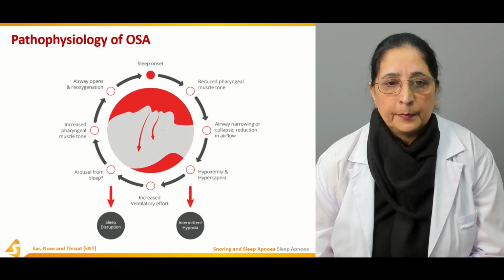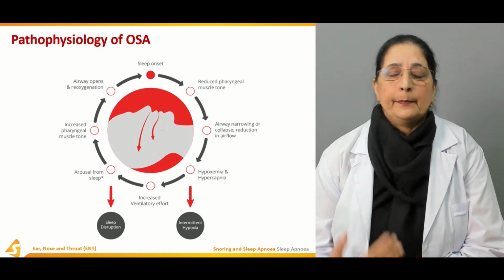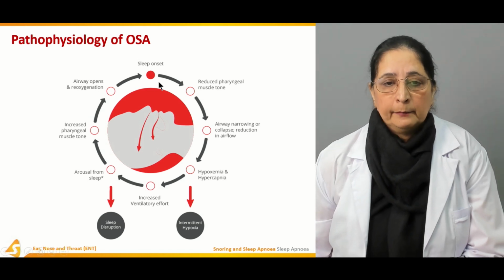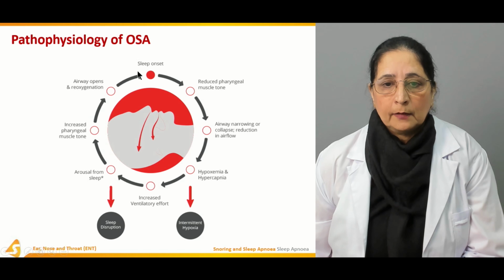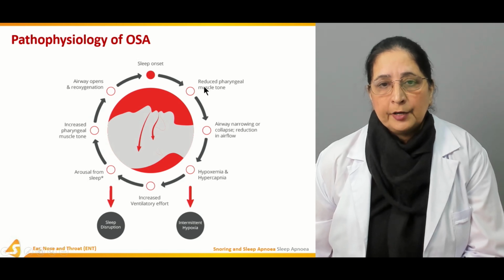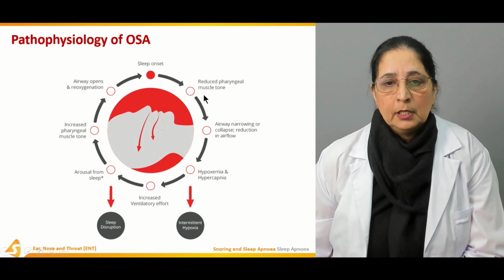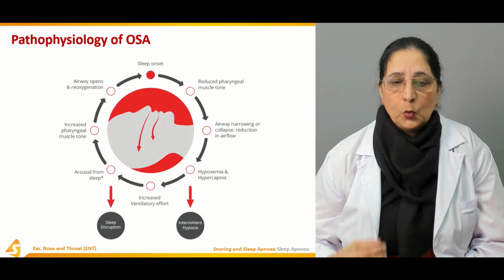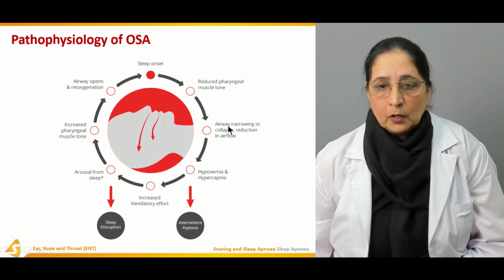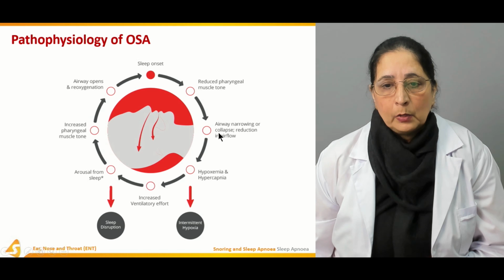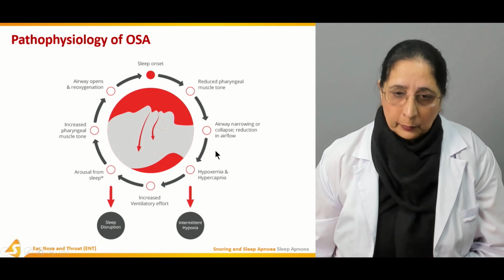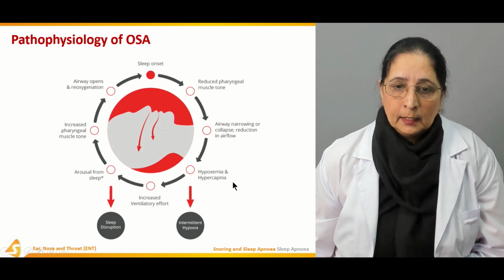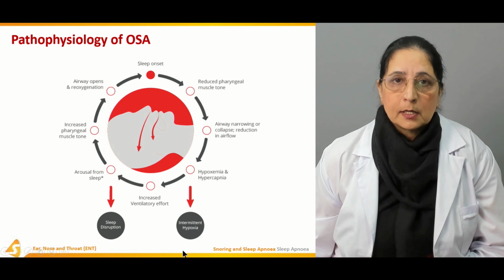Pathophysiology of obstructive sleep apnea. Now, what's happening if the patient has obstructive sleep apnea? Once the person sleeps, at the onset of sleep, there is reduced pharyngeal muscle tone. That causes airway narrowing or collapse, and reduction in airflow. Now hypoxemia and hypercapnia occur. There is intermittent hypoxia.